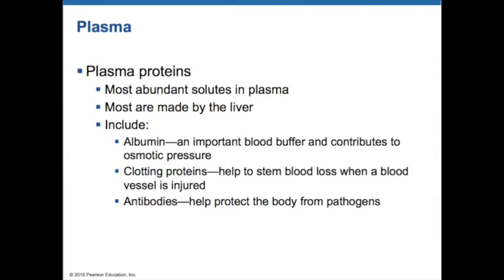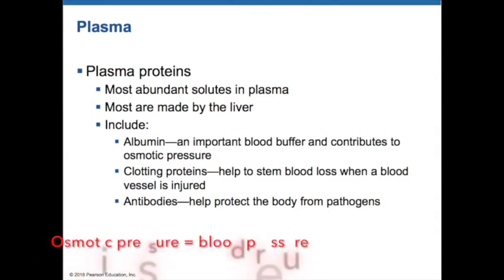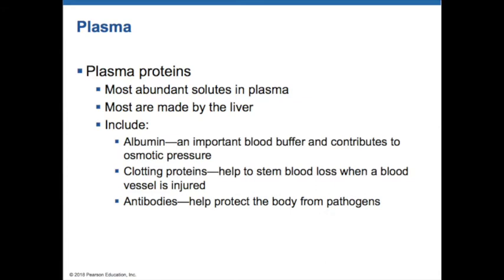In later chapters, we're going to see how albumin works in conjunction with your cardiovascular system to maintain normal blood pressure. Another type of protein that we're going to find in plasma includes clotting proteins. And remember, these proteins are going to be very important, especially when we are trying to heal a wound to prevent any blood loss when any vessel has been damaged.